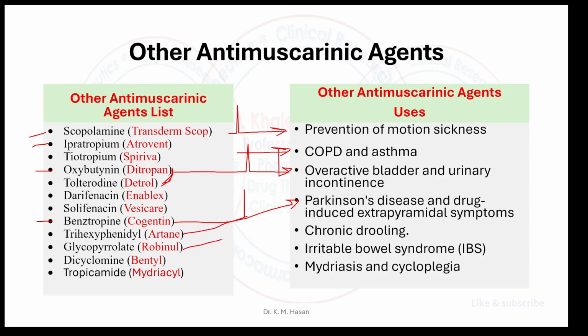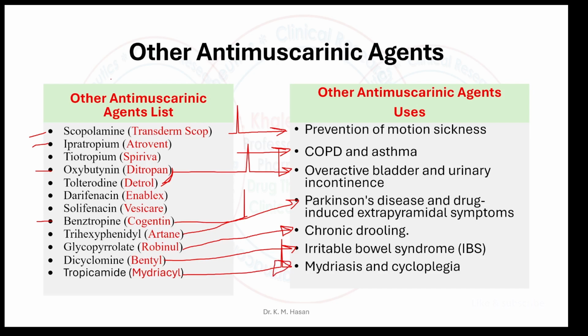Glycopyrrolate, used for patients with increased secretion. So glycopyrrolate dries the mouth and decreases secretion. Dicyclomine, Bentyl, used for patients with irritable bowel syndrome. Tropicamide, Mydriacyl, used to induce mydriasis and cycloplegia.